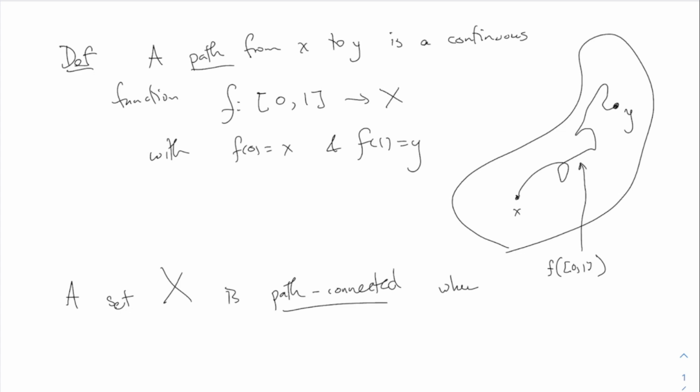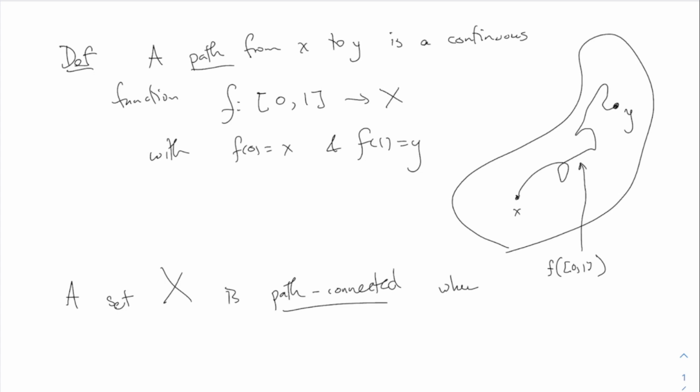The idea is still more or less like connectedness, where it's all in one piece, but phrased in terms of paths. For any two points, there exists a path.